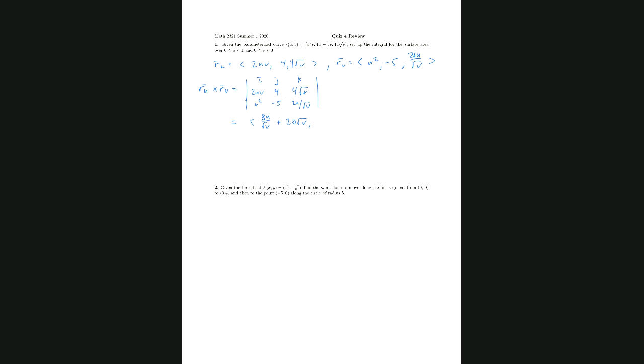Was it 1 0? Nice. 4u squared v, or square root of v, minus 4u squared. Yeah, okay. So 0. Good.